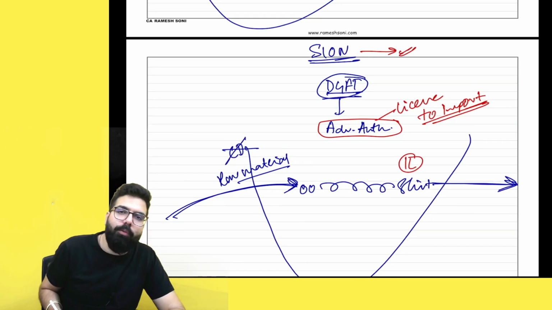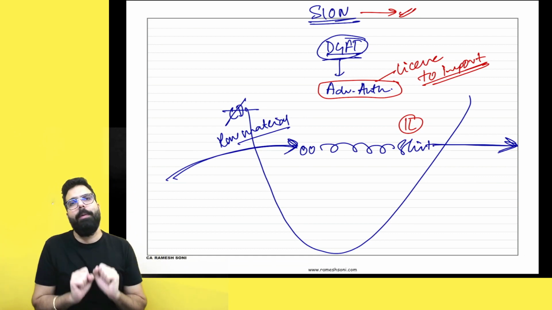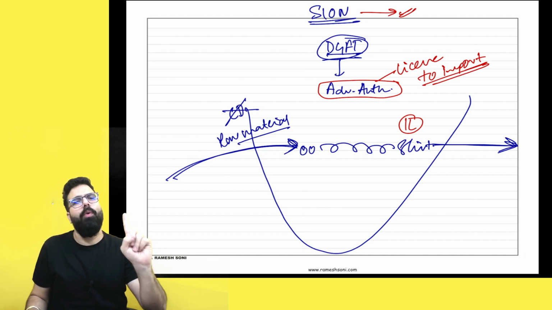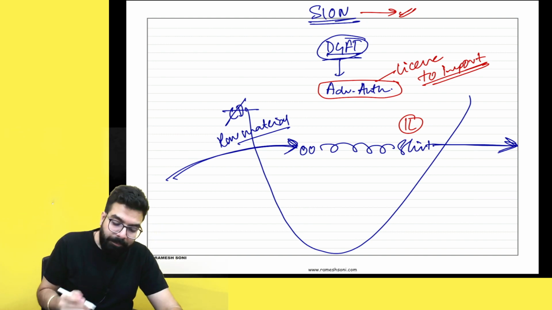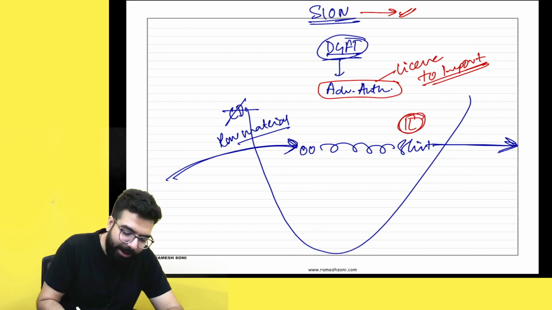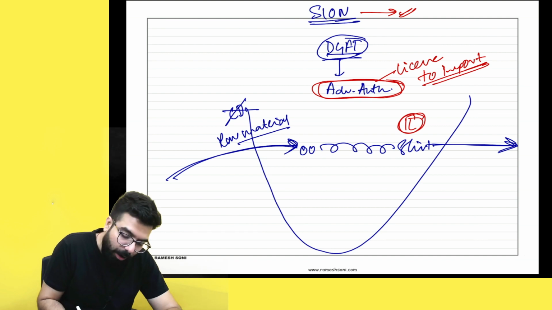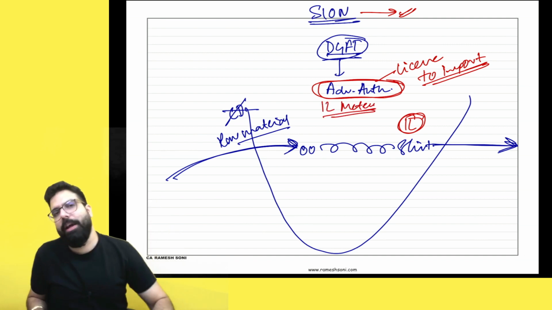In that, they have told, for an example, you have to make one shirt, 1 meter cloth will be required. They are telling for standard output, for one shirt you need 1 meter cloth. So for 1 lakh shirts, DGFT will give you a license for how much cloth? An authorization for 1 lakh meters of cloth will be given. That's what they are telling.